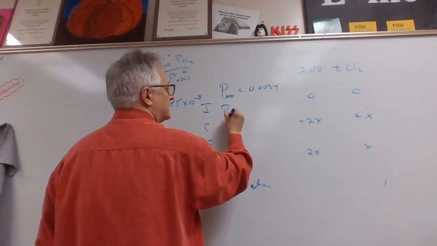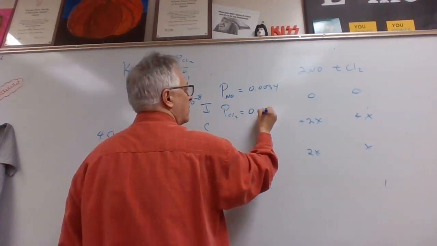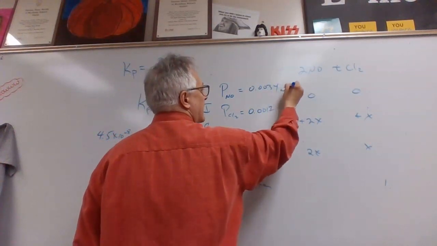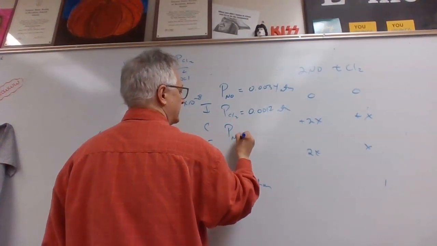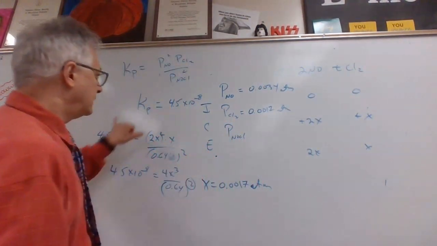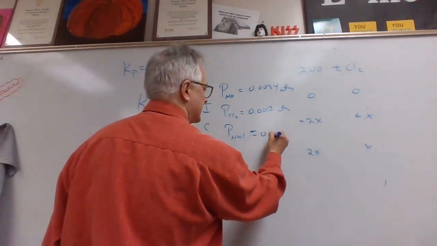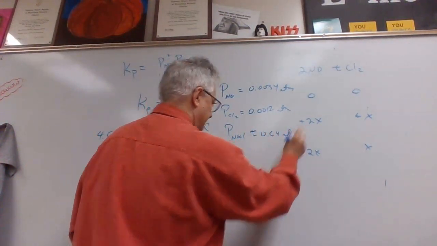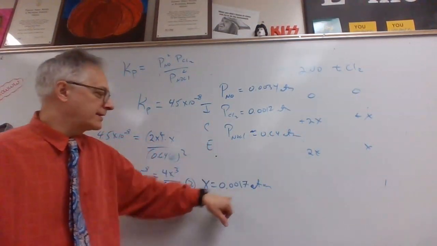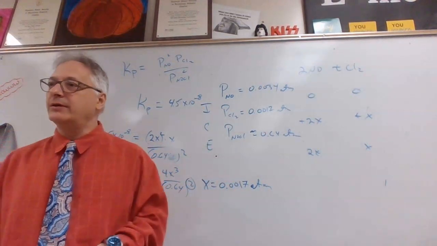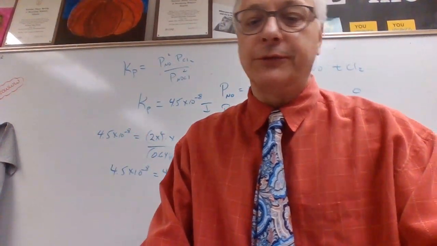The pressure of Cl2 is going to be 0.0017 atmospheres, and the pressure of NOCl, we see here, is approximately 0.64 atmospheres. Or if you wanted to subtract that out, you could certainly go ahead and do that. 2x is not going to make that much difference.